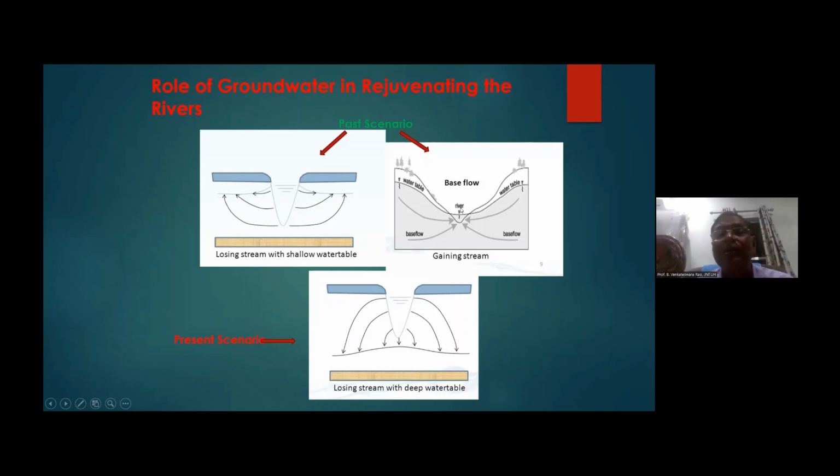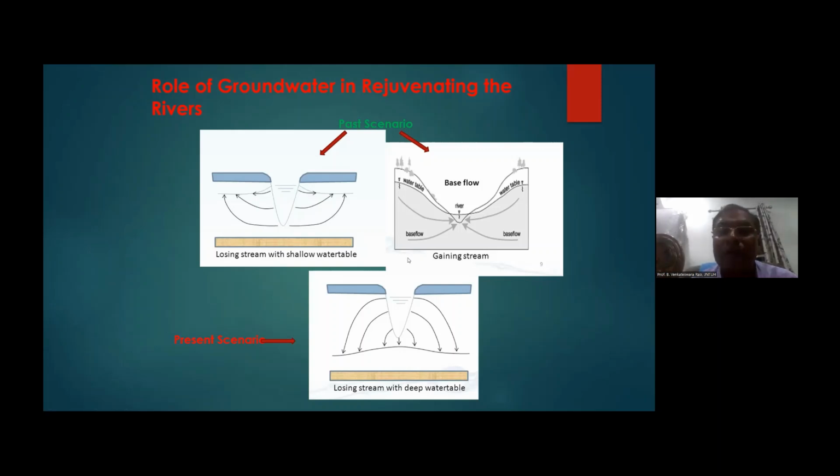This is how, once upon a time, rivers were perennial. And in Ganga, as we have just seen in the graph, we are getting decreasing water in the non-monsoon season. That means the contribution of groundwater is so less. So now in the peninsular rivers, there is no connection with the stream level.